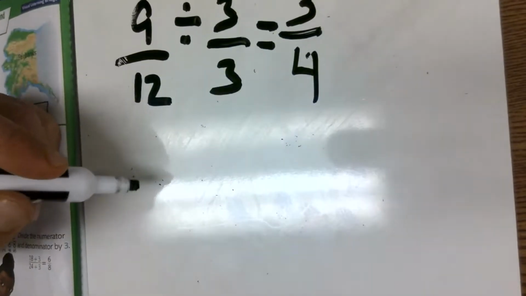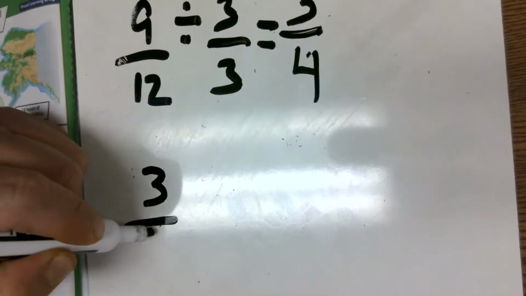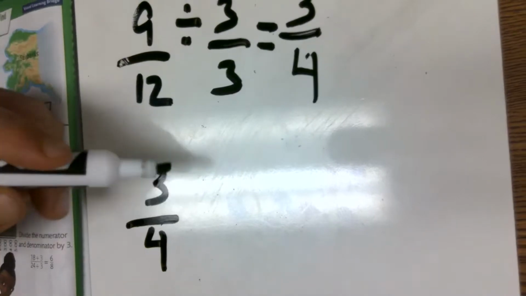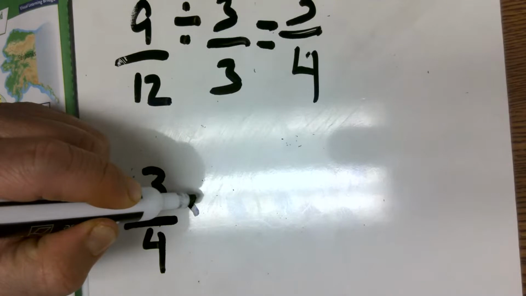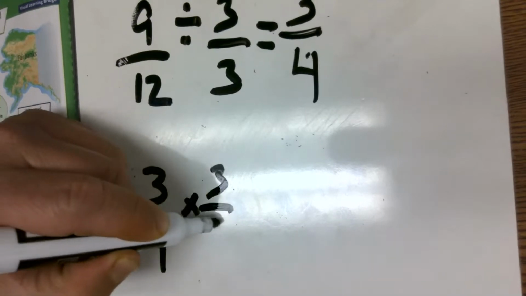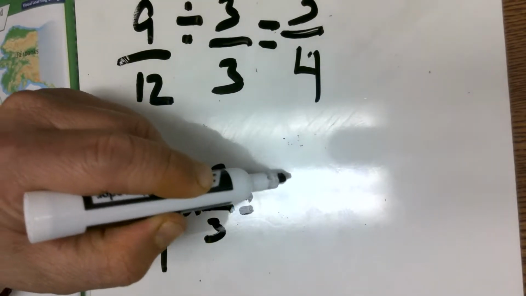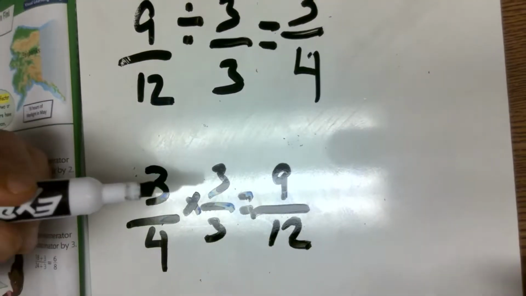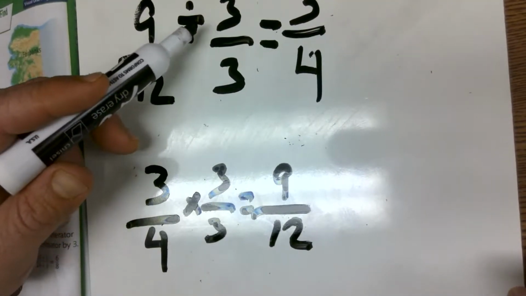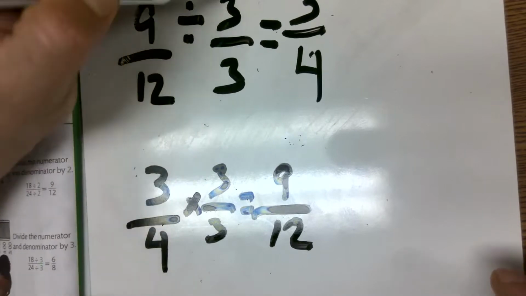So if I take 3/4 and I went by 3s, if you can take the two numbers that you used, so we use 3, and multiply together.